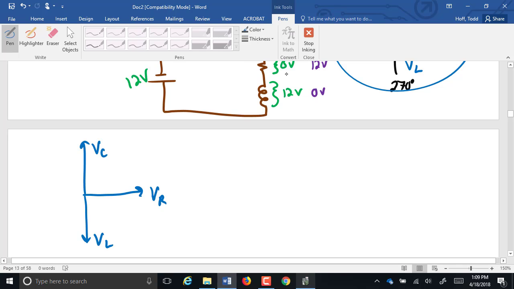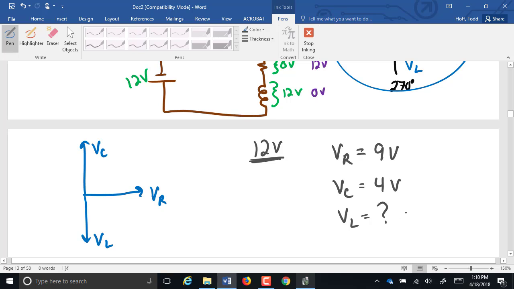So anyway, let's say we have a circuit where we have 12 total volts. Now, of course, this is going to change, but at any given time, let's say the voltage at a point in time, we measure the voltage across the resistor to be 9 volts, and the voltage across the capacitor to be 4 volts.